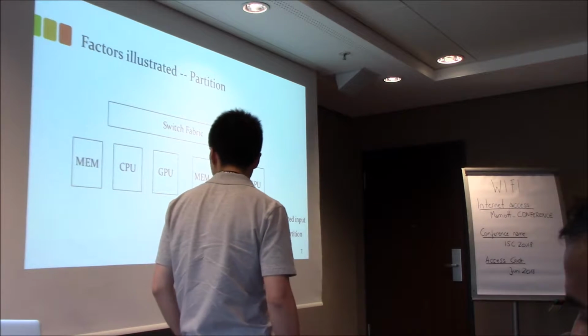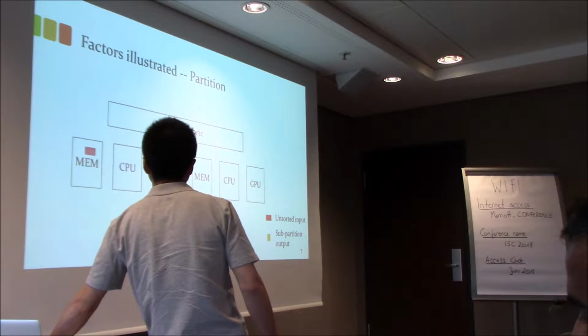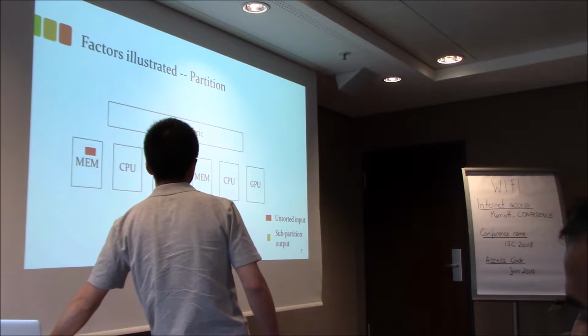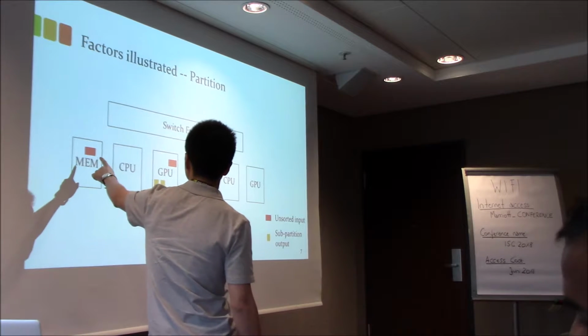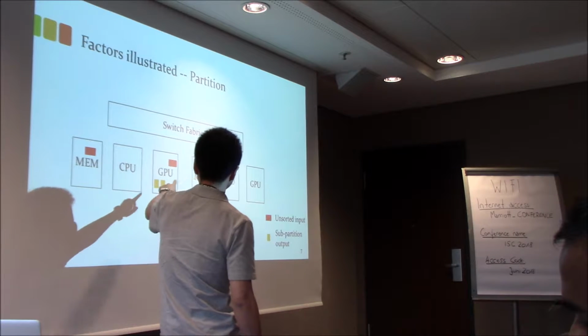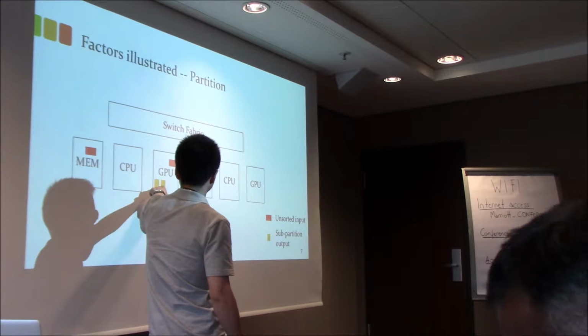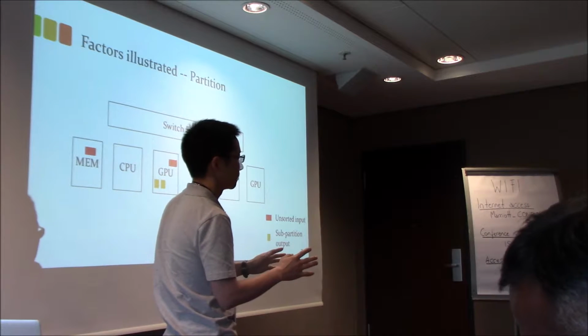So this is just to illustrate the data movement between different entities. For example, in steady state, there will be input data in the memory, and some fraction of data in the GPU already, and another set of data has already been processed.